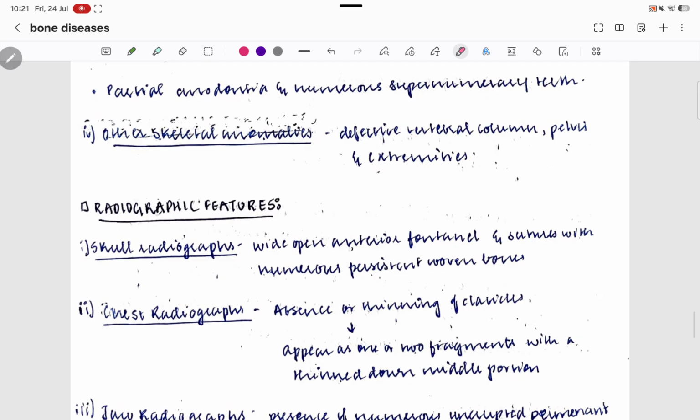Then other skeletal abnormalities include defective vertebral column, pelvis, and extremities.